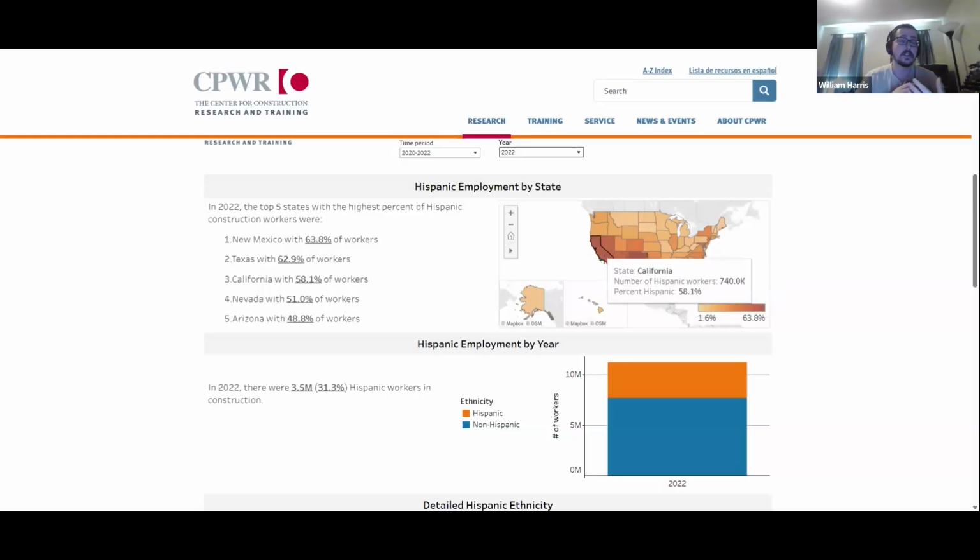California has 740,000 workers. And even states that don't have as high a proportion, for example, Florida, still employ a large number of the construction workforce that we see within the United States and have a large component of that workforce as Hispanic.